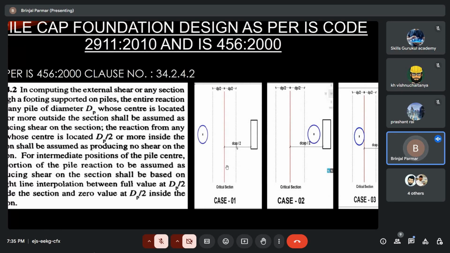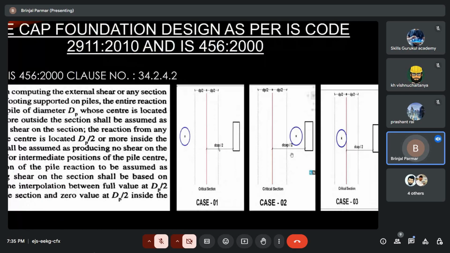So first case is, say there is a critical section and the pile is outside of the dp by 2 area. dp is the diameter of the pile, divided by 2. So the pile is outside of the section, so we consider 100% of reaction.